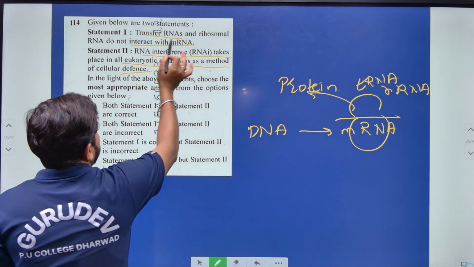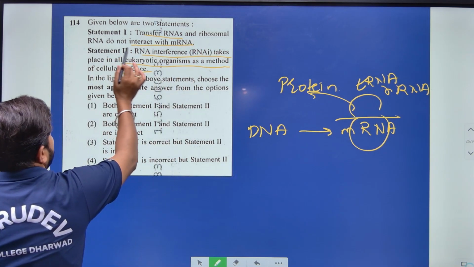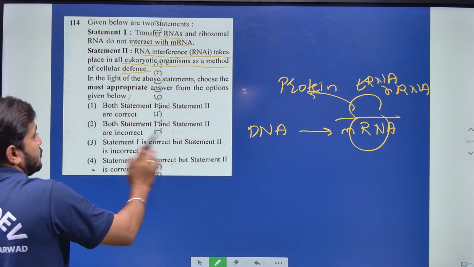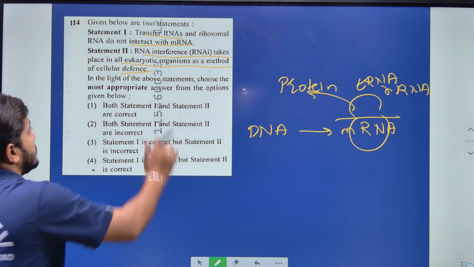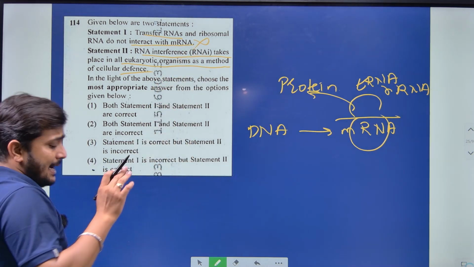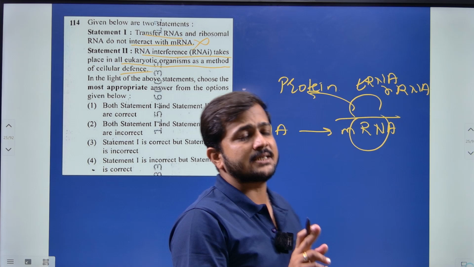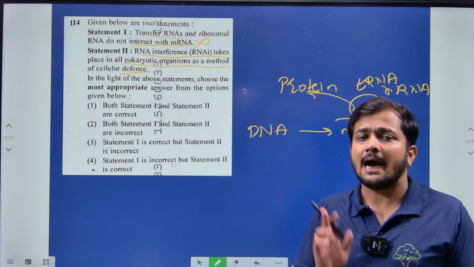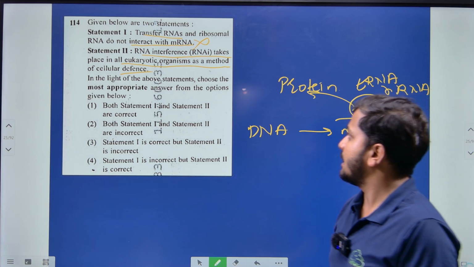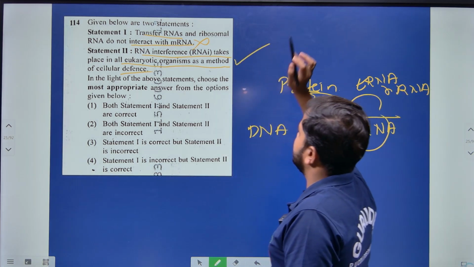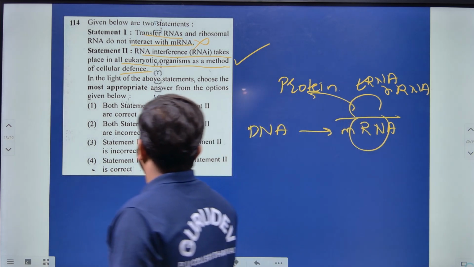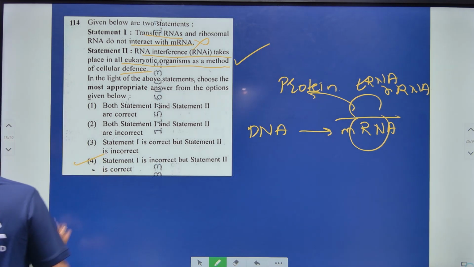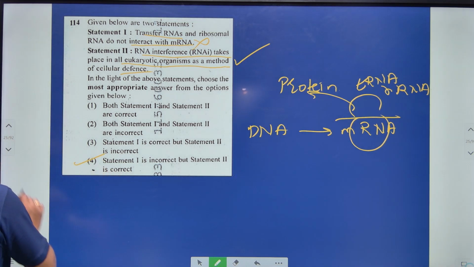But they are saying here that transfer RNAs and ribosomal RNA do not interact with the mRNA. They do interact with mRNA to carry out protein synthesis. So this statement is wrong. And RNA interference, or we call it a gene silencing method, is adopted by eukaryotic organisms as a cellular defense mechanism, right? So there, this option is correct. So according to this, statement 1 is incorrect and statement 2 is correct, that is option 4 here, right? So option 4.